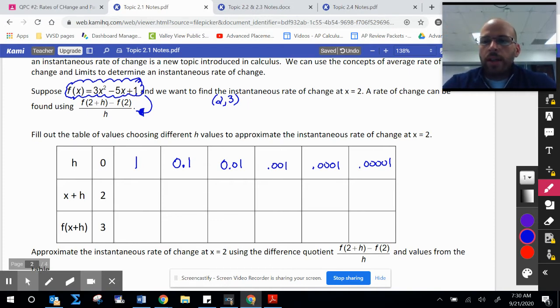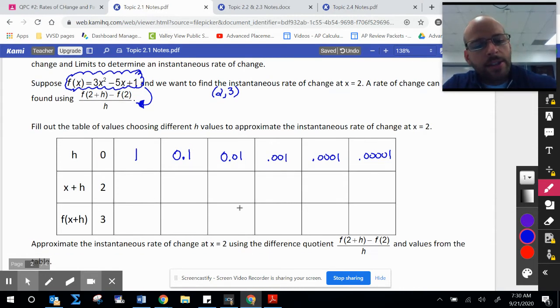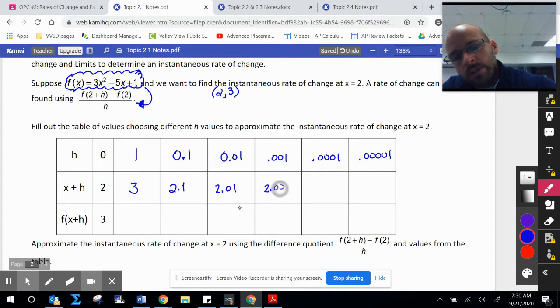We're going to essentially try to get 2 points that are incredibly or infinitely close to each other. So if I started at 2, if I add 1 to it, I'm going to be at 3. I'm going to be at 2.1, 2.01, 2.001, right? I'm just adding the original x value to my new h value.